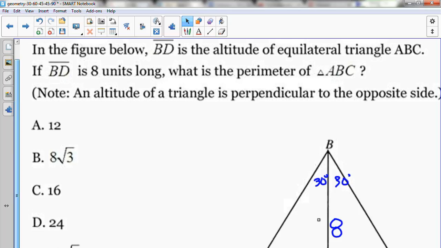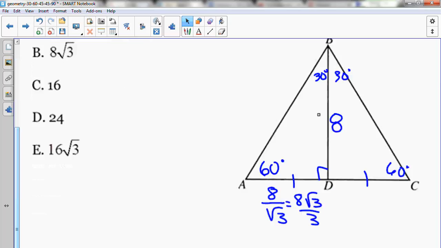Now that would be from here to here, right? Okay. Now what are we looking for? The perimeter. Now every side's the same, so is 8 square root of 3 over 3 one side? It's a half of a side. Okay, so that means what this side would be 8 square root of 3 over 3.